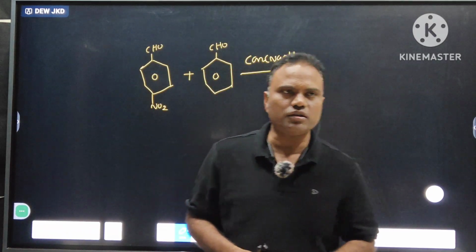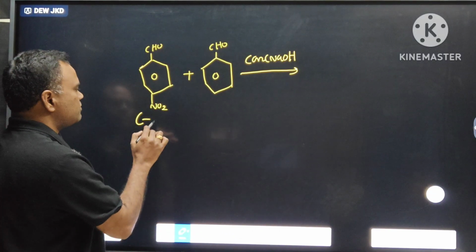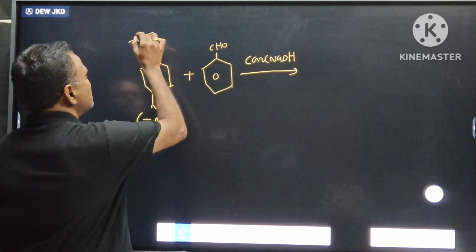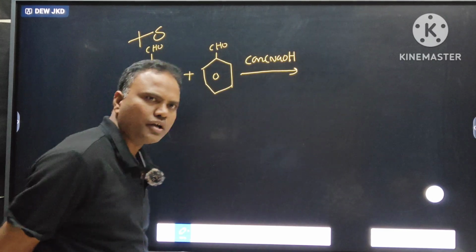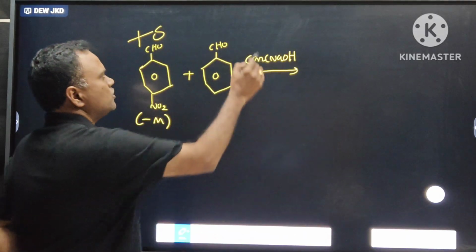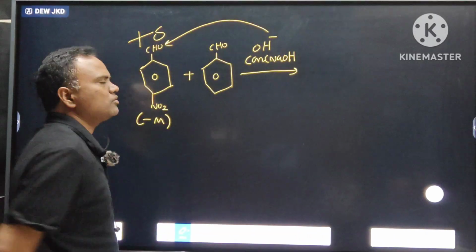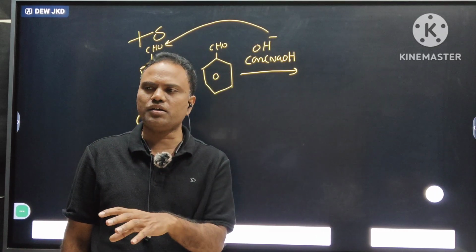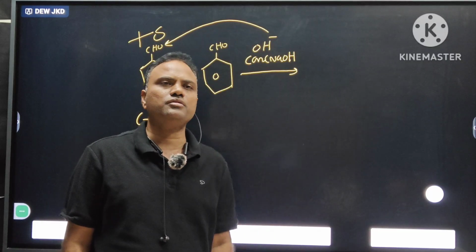When will the nucleophile attack? If the positive charge is more. NO2 is a which group? Minus M group. So this minus M group increases the positive charge on the carbonyl carbon of the aldehyde, right? So the nucleophile attacks preferentially this carbonyl carbon only. So what is the key step? The aldehyde which is attacked by the nucleophile will convert to acid.